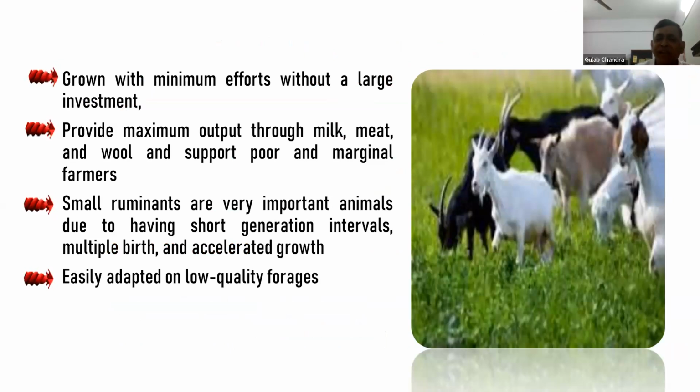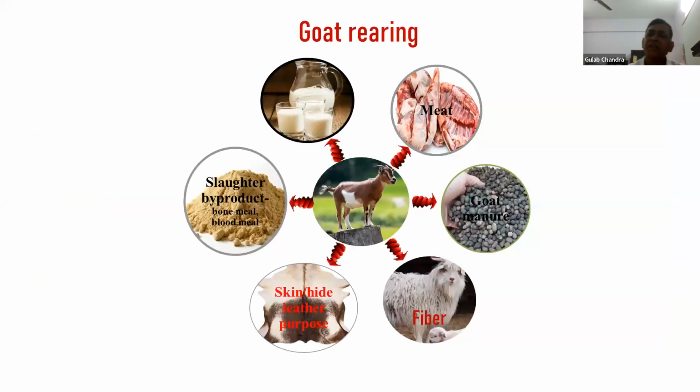Small ruminants are beneficial because they have short generation intervals, multiple births, and accelerated growth, and they easily adapt to low quality forage. Goats are reared for milk, meat, manure, and fibers.